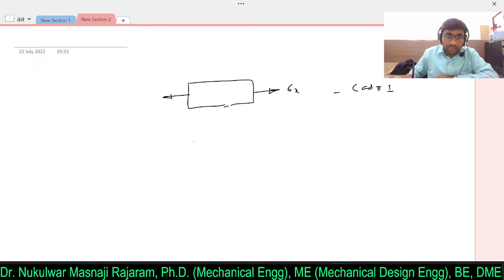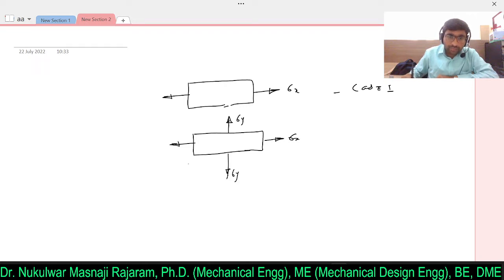After that, we learned how to evaluate normal stress and tangential stress acting on a bar when there are two mutually perpendicular principal stresses, sigma x and sigma y.